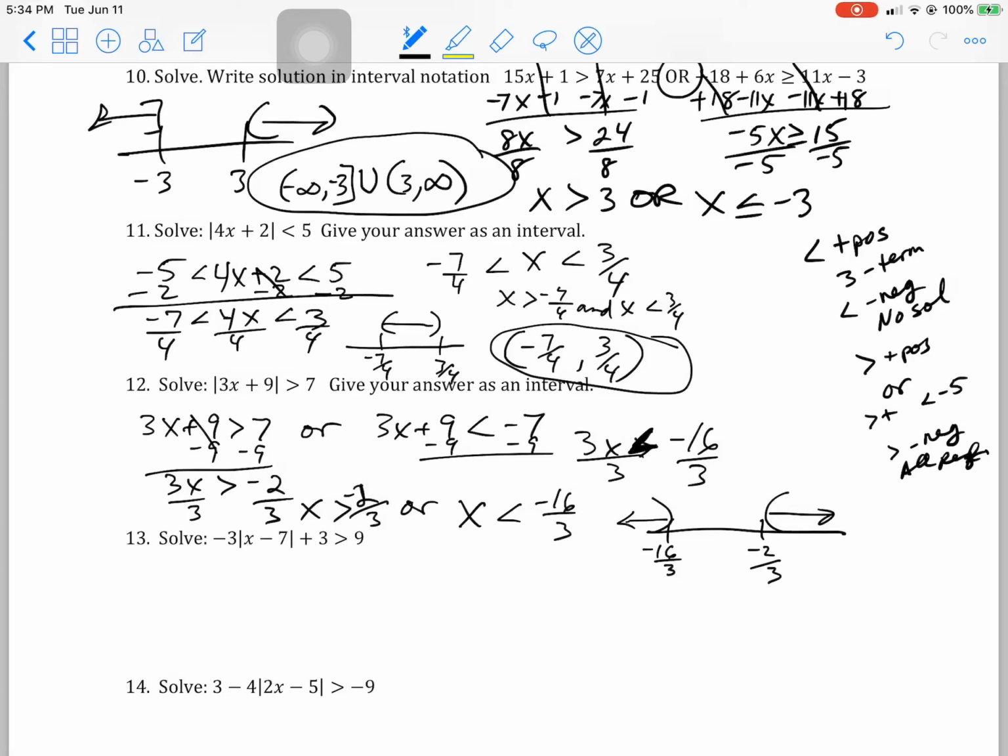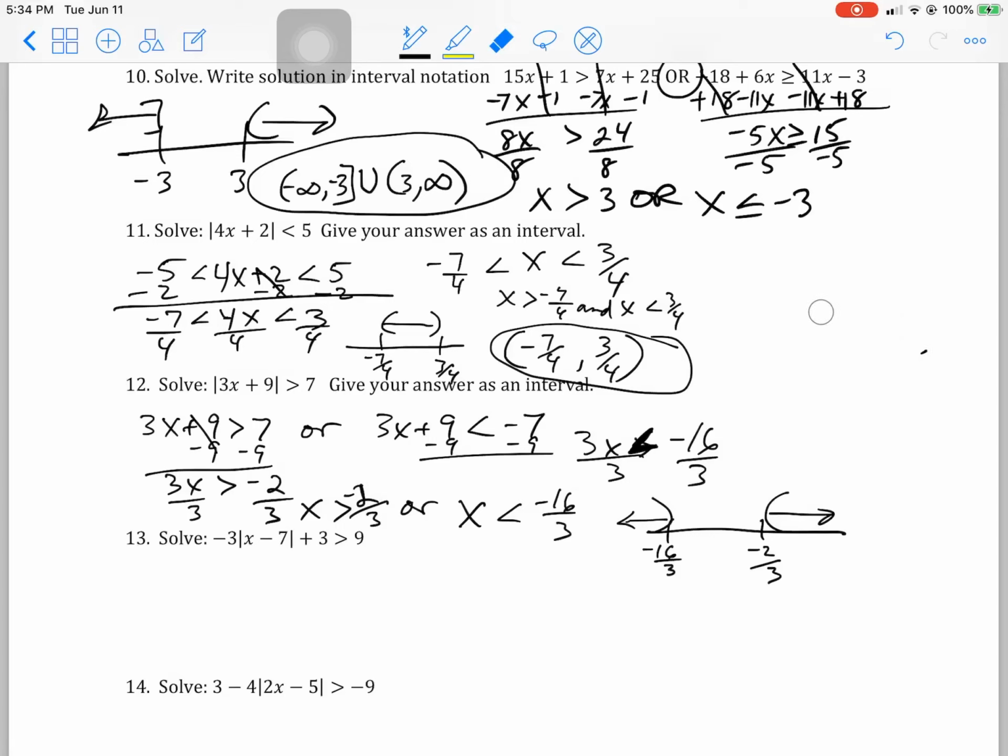I'm out of space. Let me erase this guy up here. All right, so this is going to be soft negative infinity, 16/3 soft, union, negative 2/3, and positive infinity soft.